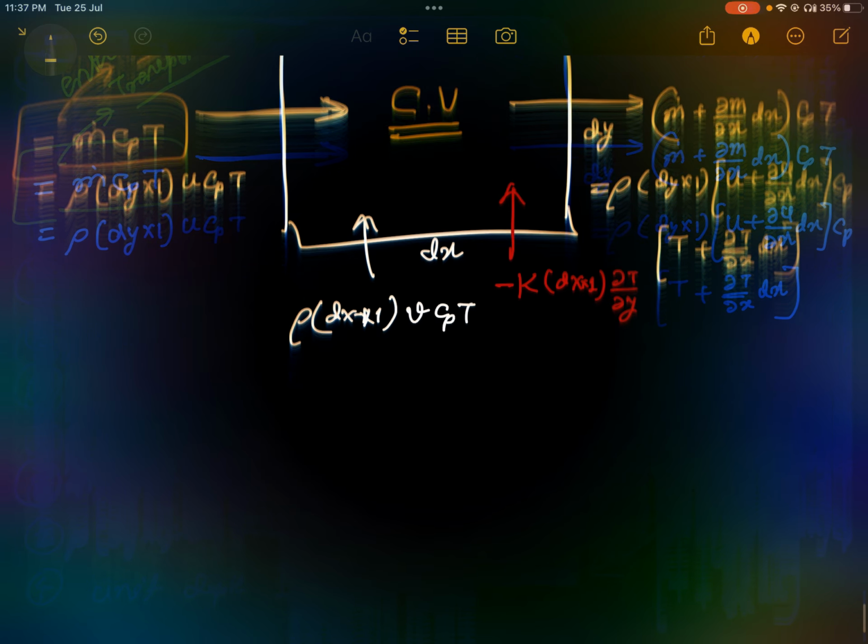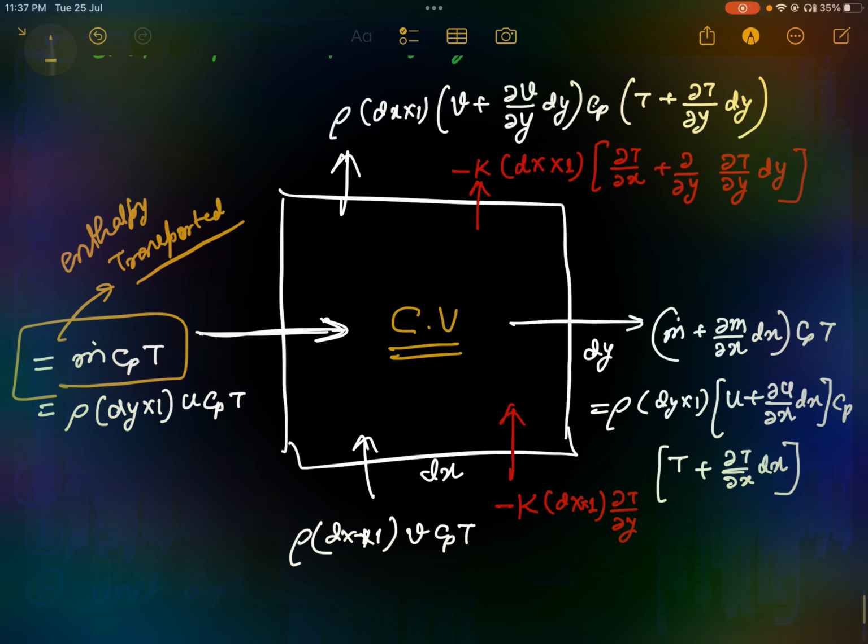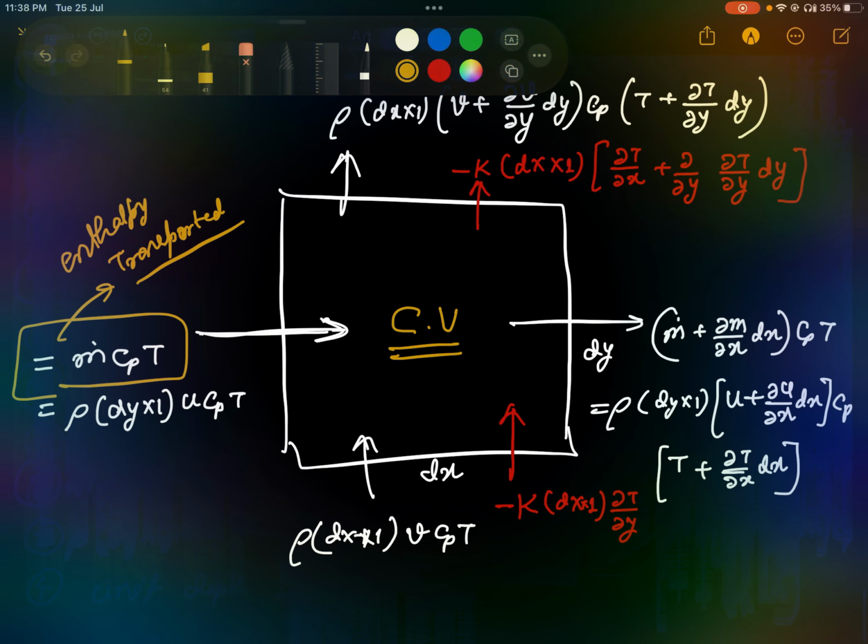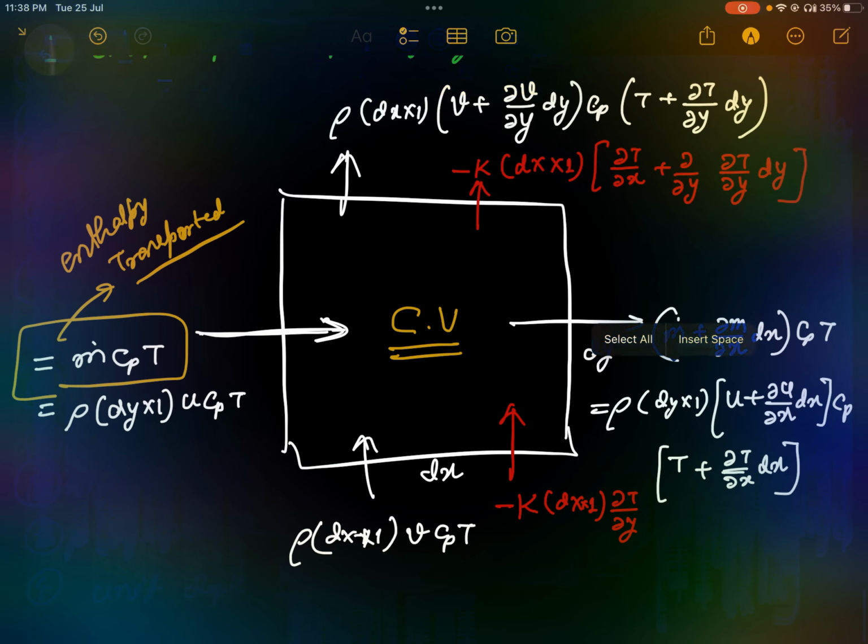So if we balance all the equations, we can say that the heat convected through the left face plus heat convected through the bottom face plus heat conducted through the bottom face is coming inside.